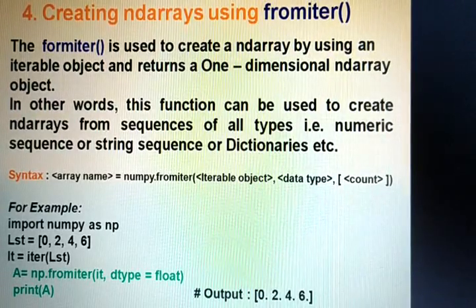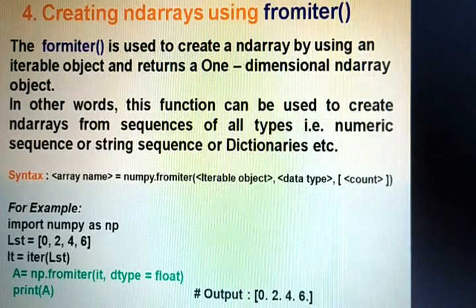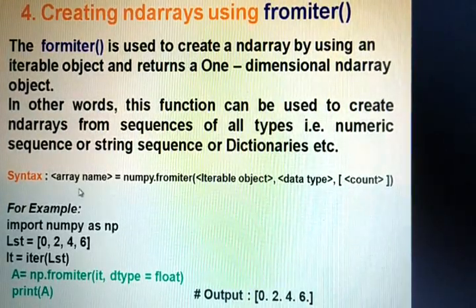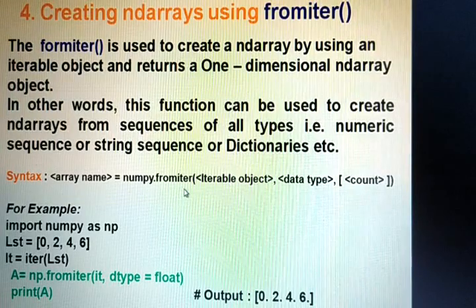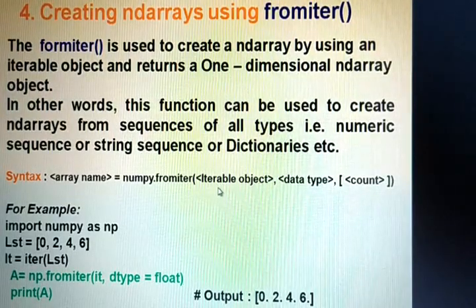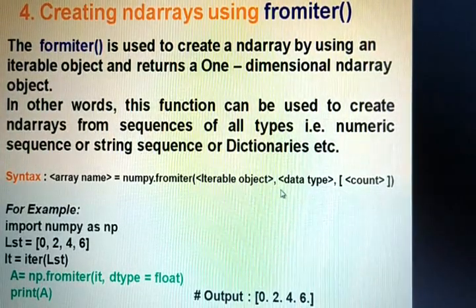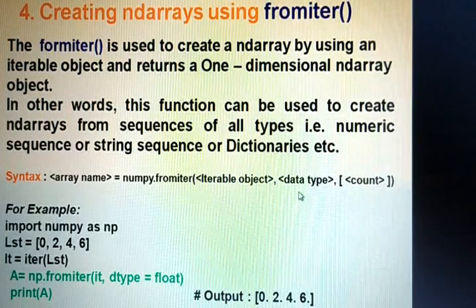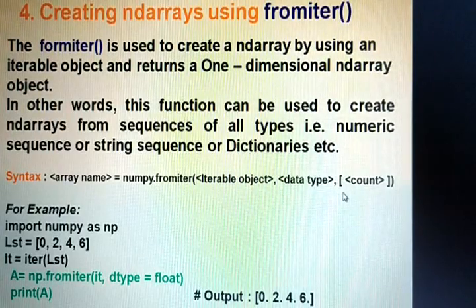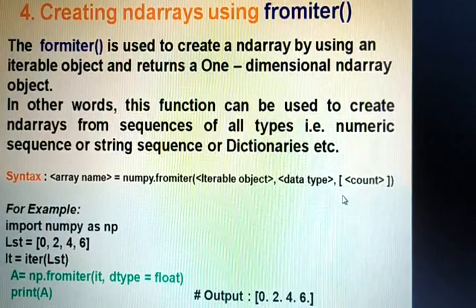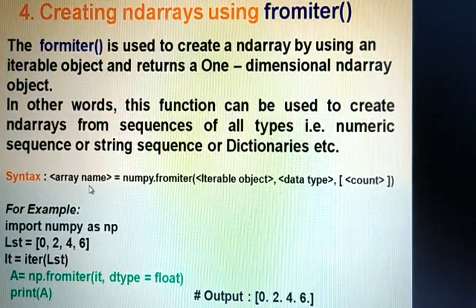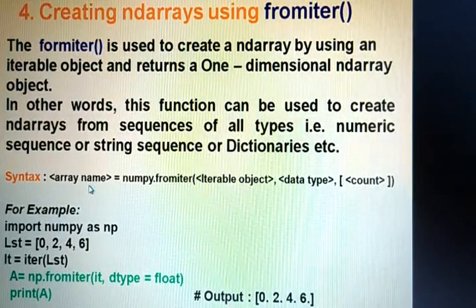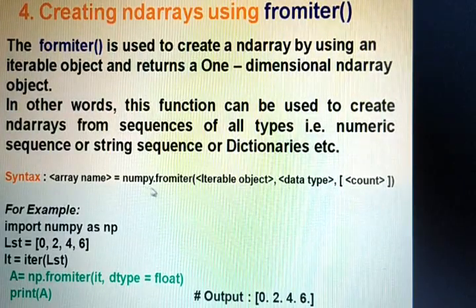Now consider the syntax. The syntax is array name equals numpy.fromiter, then the parameters are the iterable object, the data type, and optionally count. Here array name is the name of the array and fromiter is the function.